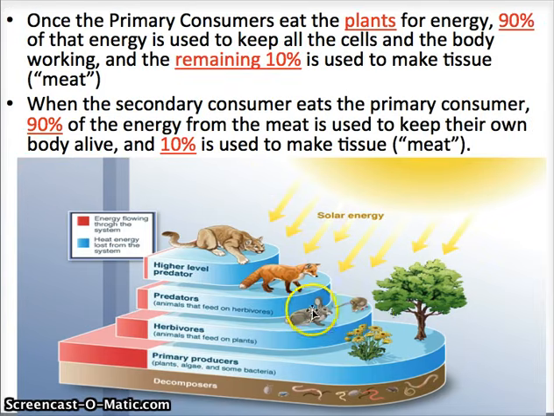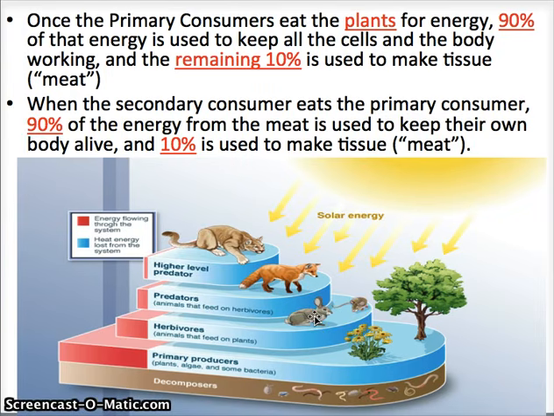So once the primary consumers eat the plants, then the primary consumers are going to use 90% of those calories from the plants to stay alive. So it's going to use 90% of the energy from the plants to make its heart beat, to run around, to breathe, to do everything that the body needs to do to stay alive.